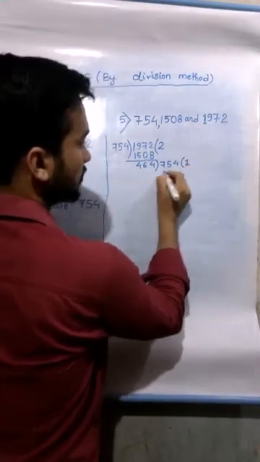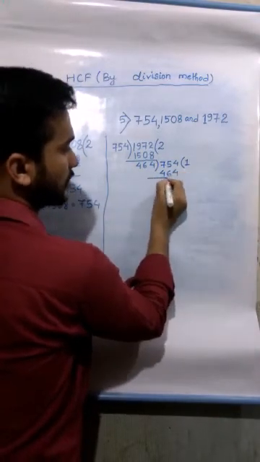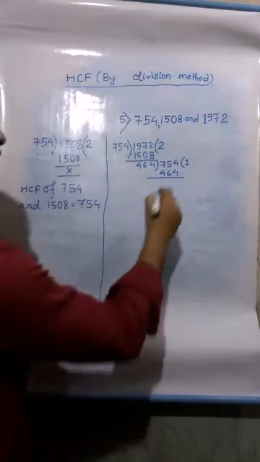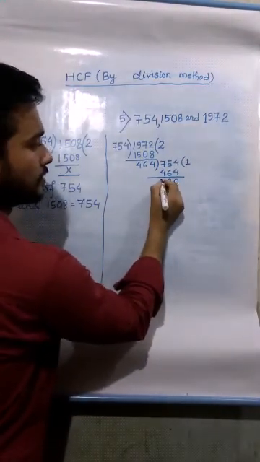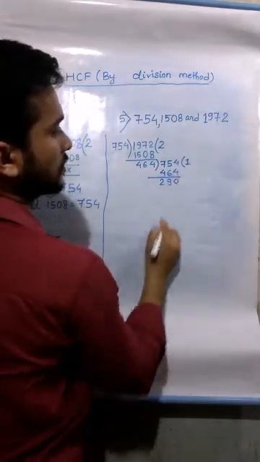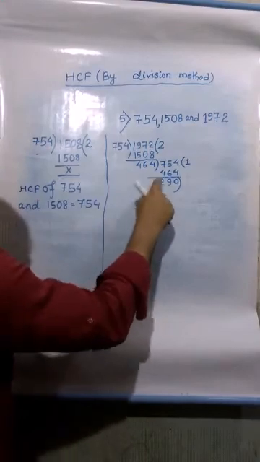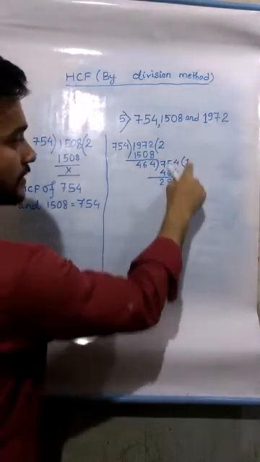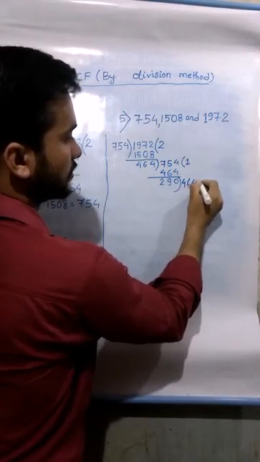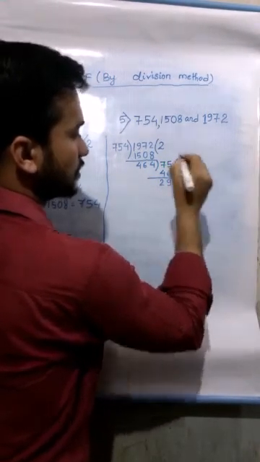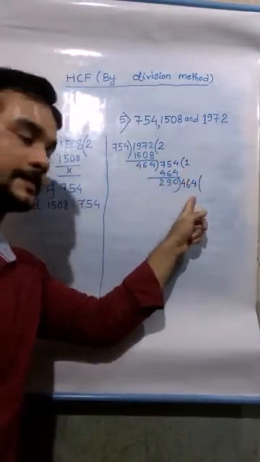464. Now subtract, 290. Okay. So again this remainder will become the divisor, and this divisor will become the dividend, 464. 290, and this 464 will come in this place.